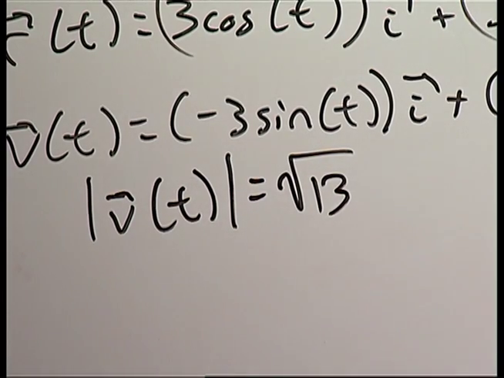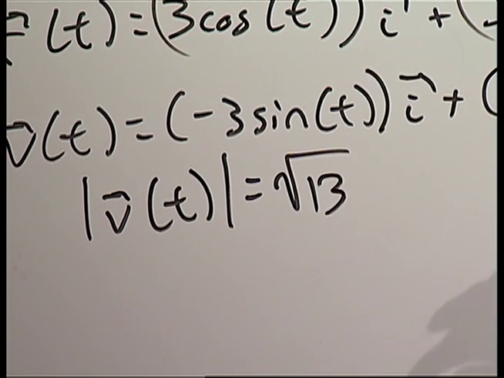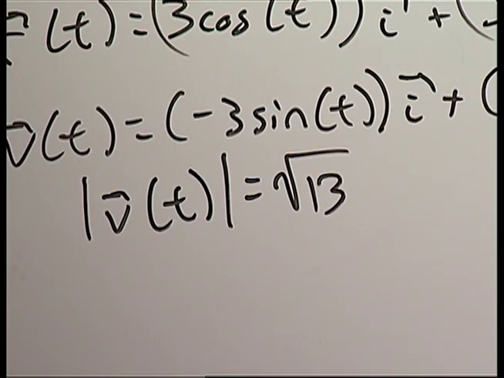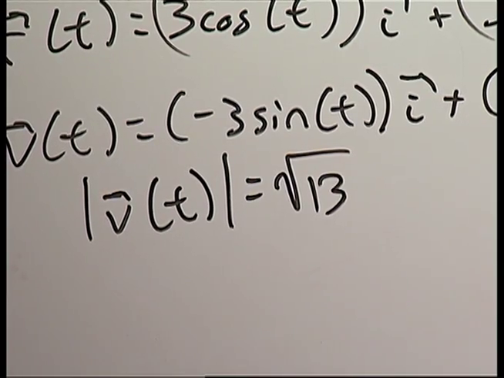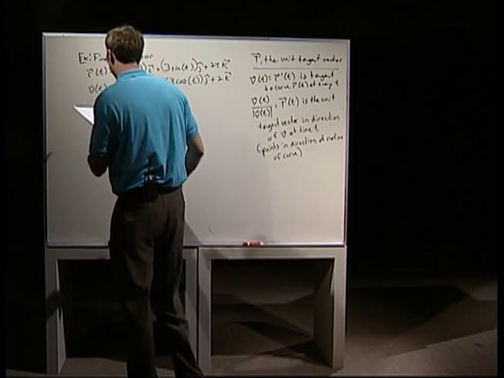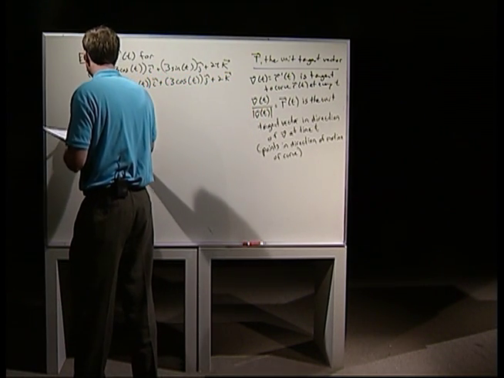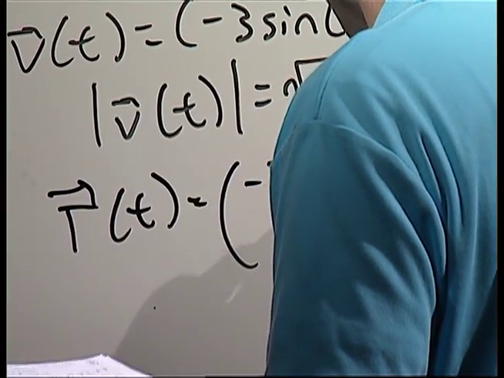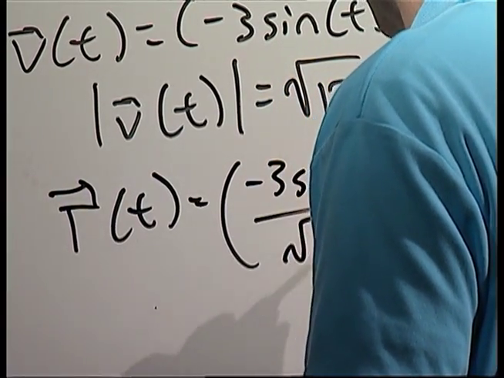Here is where things can get pretty ugly. If this was not something nice, this length could be an ugly function of t, and that could make this pretty ugly over here. But here we have something very nice. The helix has constant length in terms of its derivative. So what's T of t? -3 sine t over root 13, and so on.